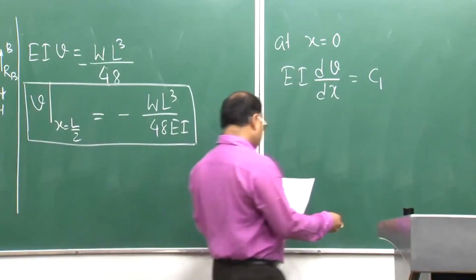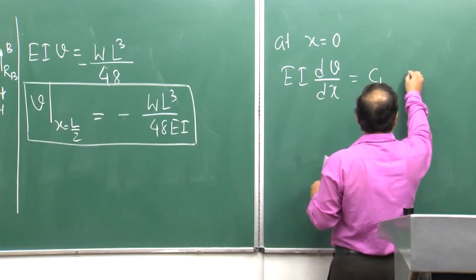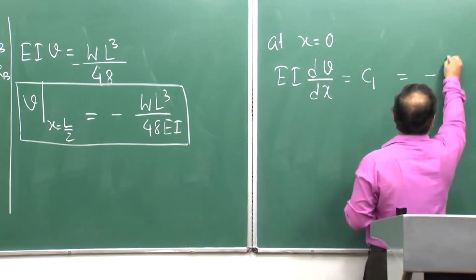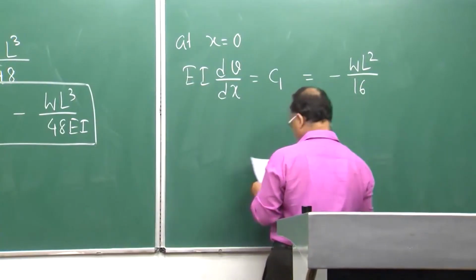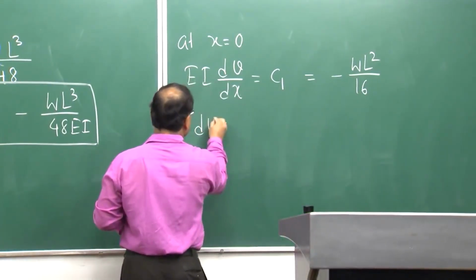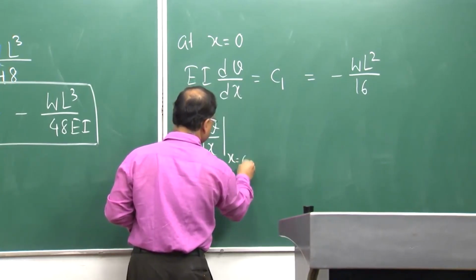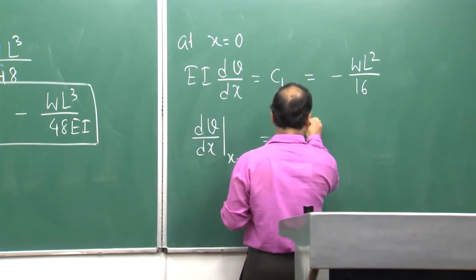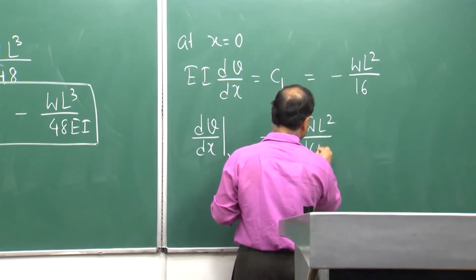So, putting A equal to B equal to L by 2, I can simply get minus W L square by 16. Therefore, the slope at x equal to 0 is equal to minus W L square by 16 EI.